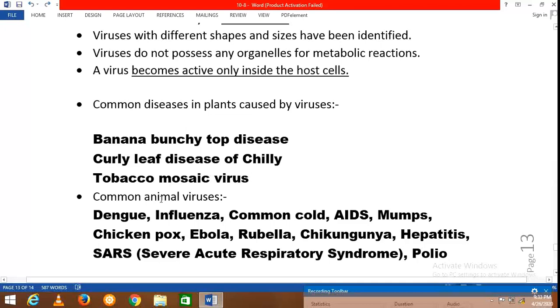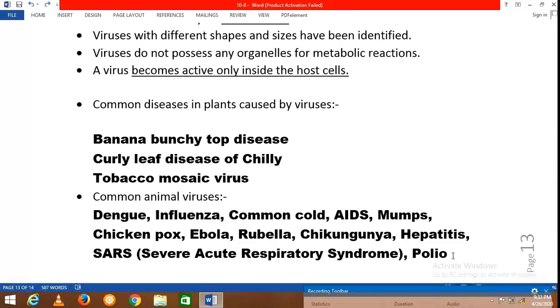And there are so many animal viral diseases: dengue, influenza, common cold, AIDS, mumps, chickenpox, Ebola, rubella, chikungunya, hepatitis, SARS, which is severe acute respiratory syndrome, polio, and the well-known COVID-19 or the coronavirus.